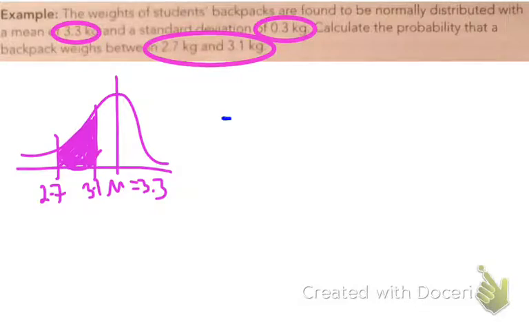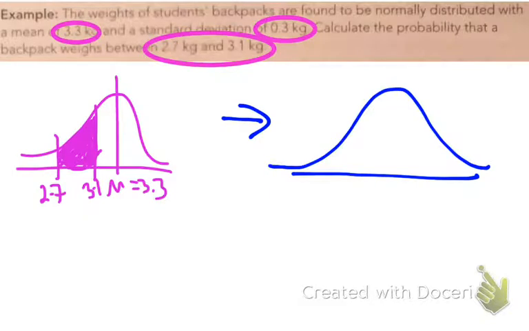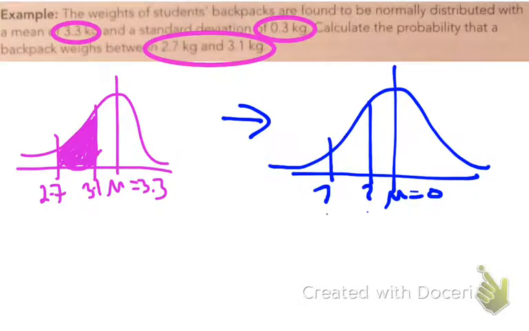So if we're going to convert that to our z values, we've got to find both of those z points. So there's our mean of 0, and we've got some value below and some value below that. So first of all we've got to find those two z values. We're going to take our formula, z equals x, take away the mean, over standard deviation.